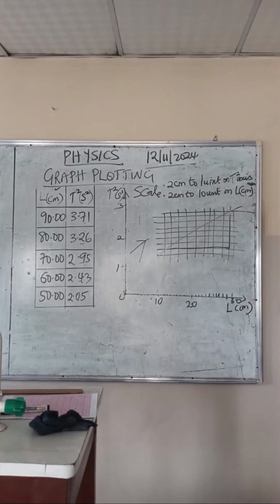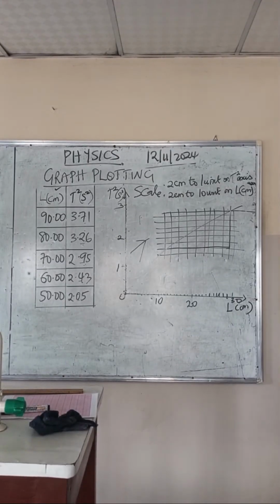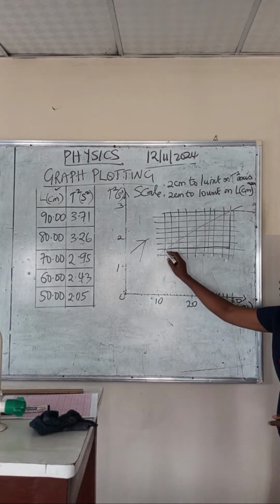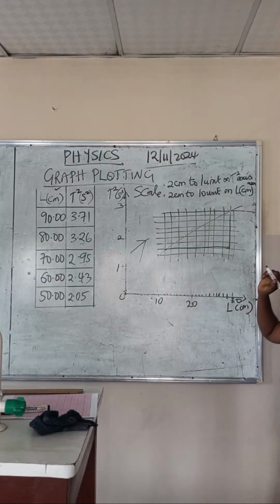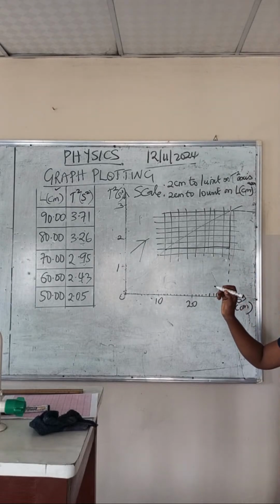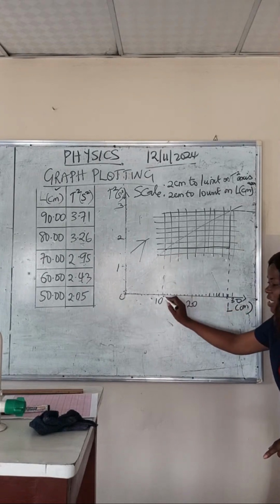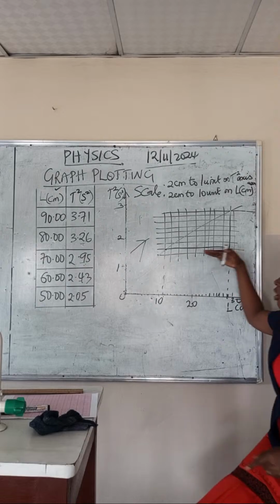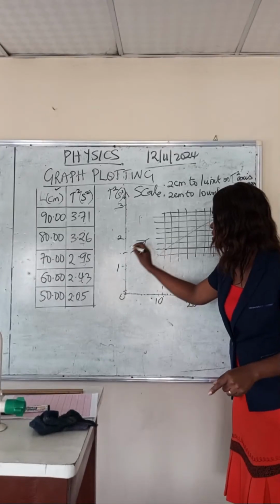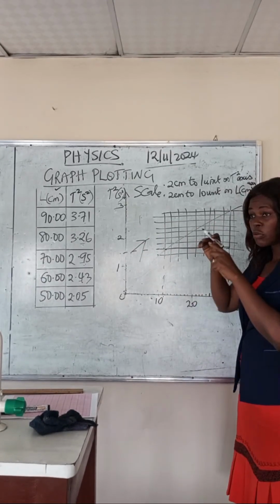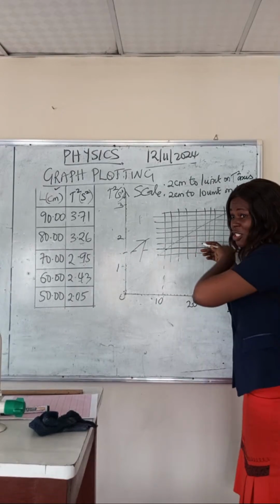Are you done? So let us find our slope. We're going to find our slope by extending what we have. This is my triangle, right? So what I'm going to do next is to extend it with a dotted line to the axis on this side. Then on the vertical, extend it with that same line. That's why I said you look for that point on the line so you can trace it to the axis.